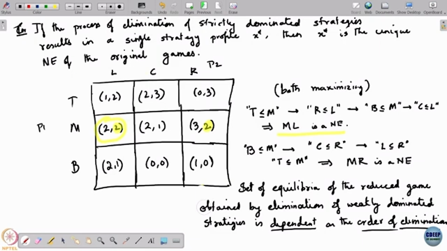So, this way of solving a game, like a puzzle, trying to say, okay, this would happen, then that would happen, and so on, almost like a logical puzzle, you can do up to this point, when the game has the property that the process of eliminating strictly dominated strategies ends with one strategy profile.